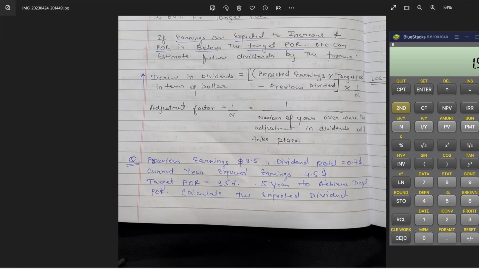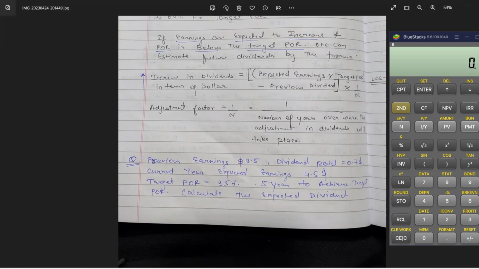So this is the dividend we would expect, but this is not the dividend we are going to get. So the current payout ratio is different from the target payout ratio. So we will subtract the previous dividend we have received, which is 0.7. Okay, that's 0.875, and divided by the total number of years, which is 5. So we will get 0.175 per dollar.